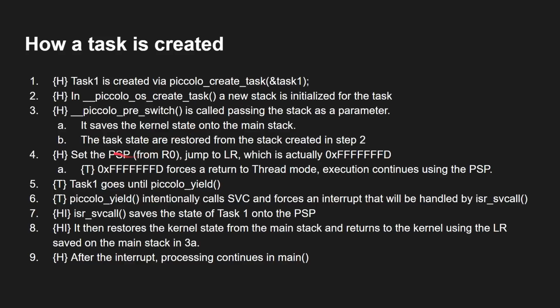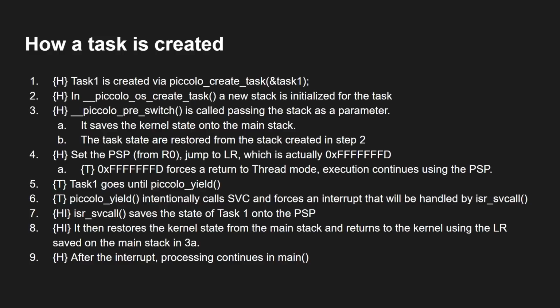Now, once that has happened, you then set the process stack pointer, the PSP, from R0, register 0. We'll look at some Cortex-M code in a minute, and then you jump to the return address, which is actually FFFFFFFD. And if you remember from the last video, that tells the CPU that this is the end of an interrupt handler, the end of running in handler mode.